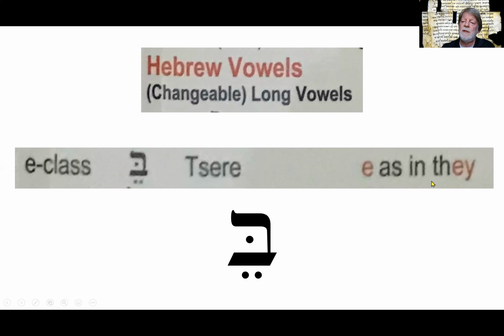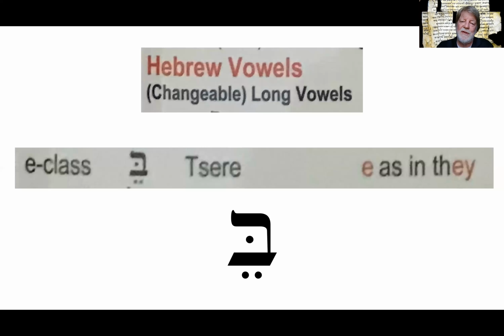Now I say this because one of the names that we're going to come across most frequently, especially in our reading of the New Testament in the Hebrew language, is the name of Jesus in Hebrew. The first consonant letter of his name is Yod, the Y sound. And the vowel that goes under it is this tsere.